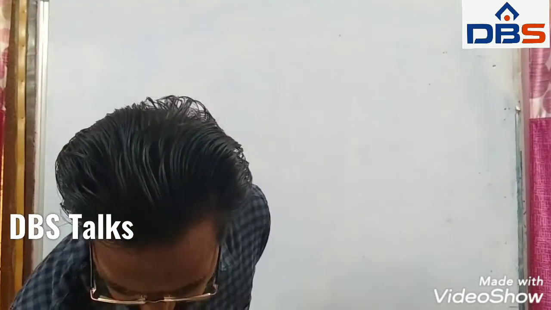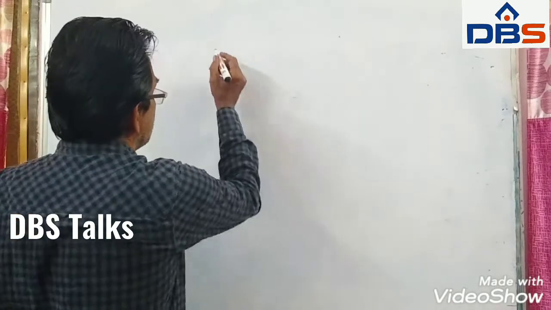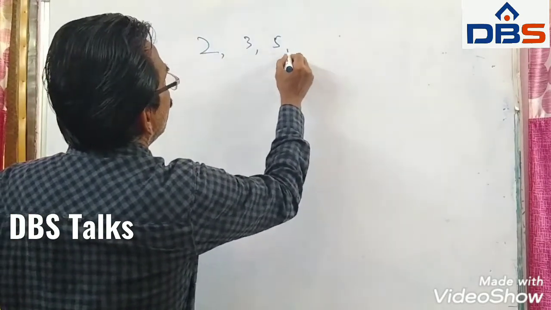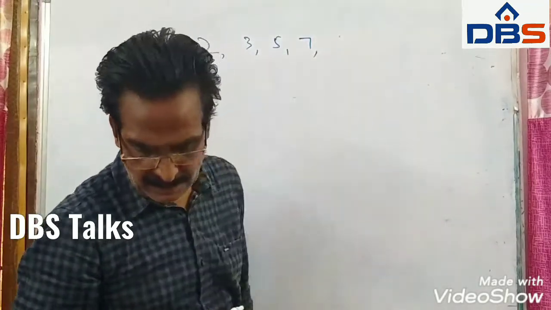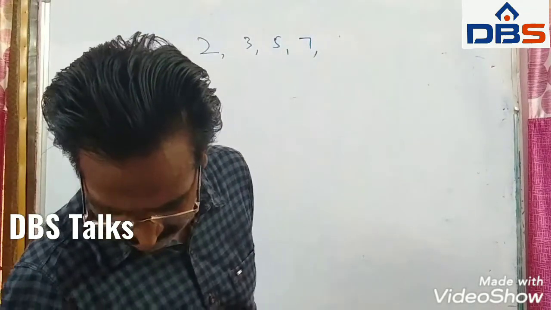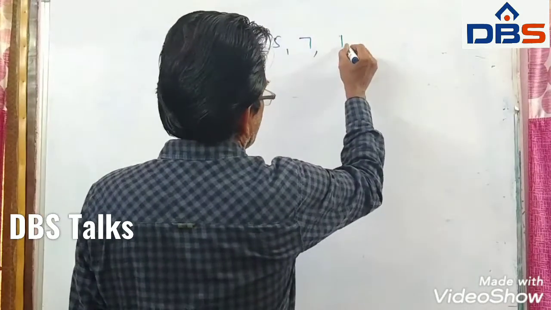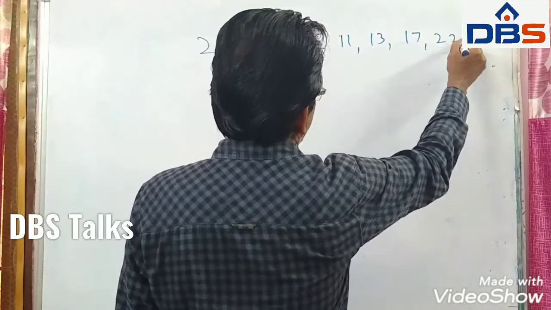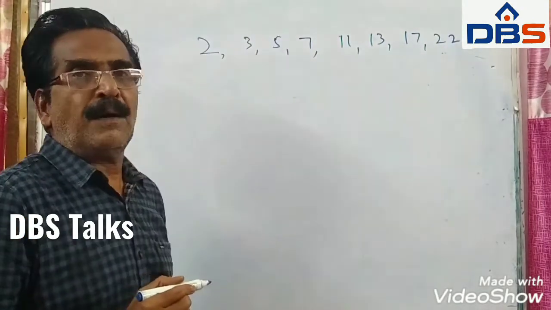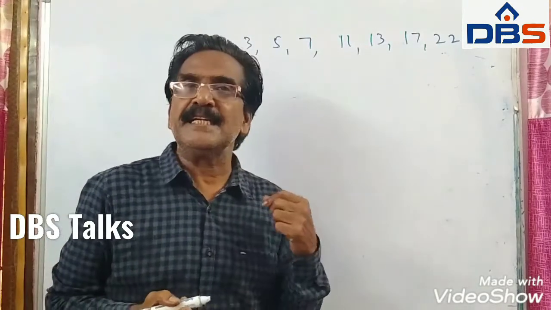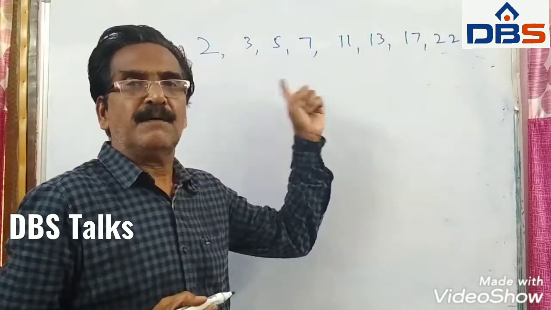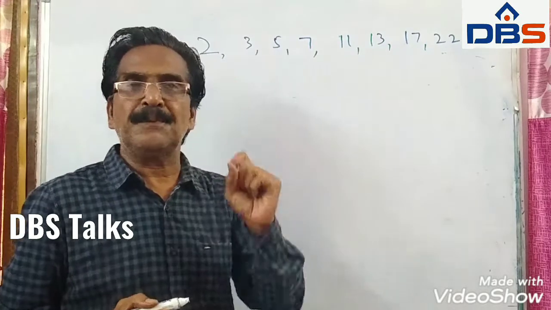The variance of observations 2, 3, 5, 7, 11, 13, 17, 22. This is the problem asked in 2019 EAMCET, friends. So, variance for ungrouped data.